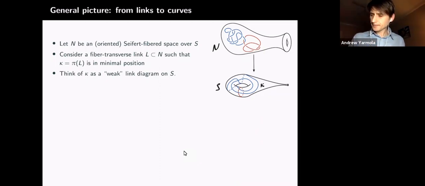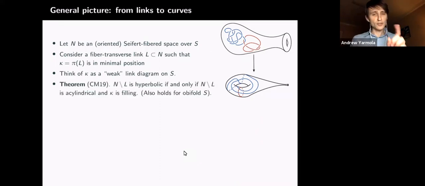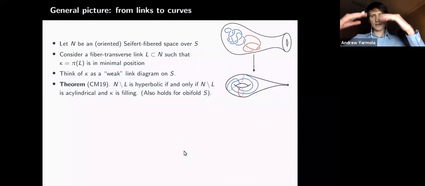And just to say, the result of Tommaso and Andres is about hyperbolicity in this question. They do indeed show that hyperbolicity is equivalent to being filling and also being acylindrical, but that's a minor detail. And they also show this holds for orbifolds. So now, going back to what we really want to do, which is replicate this separation business.